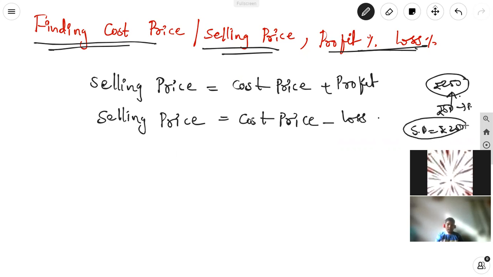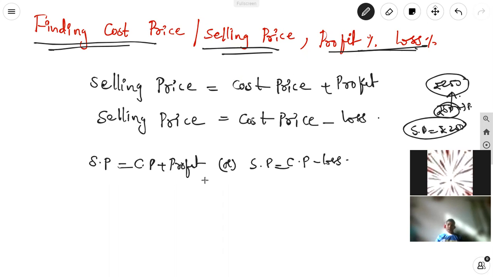But we know the actual cost price is 250 rupees. On the article, we get 50 rupees of profit. So in that case, selling price is equal to cost price plus profit, or the selling price is equal to cost price minus loss.